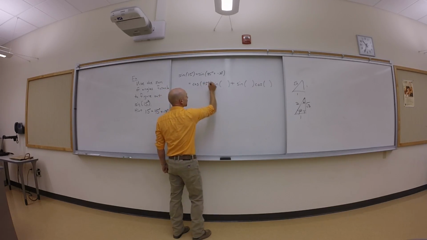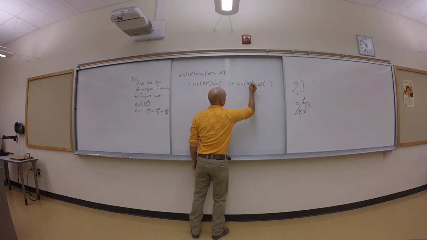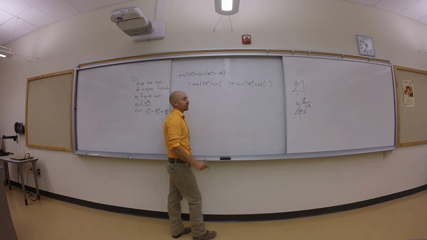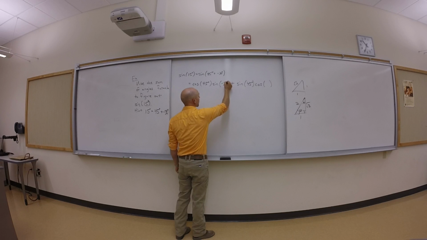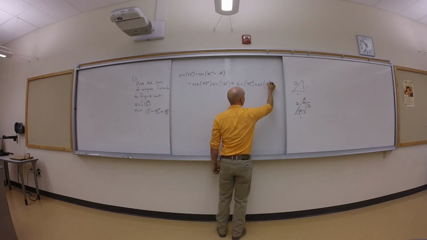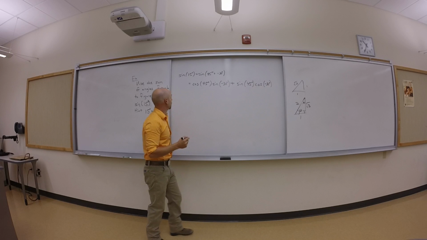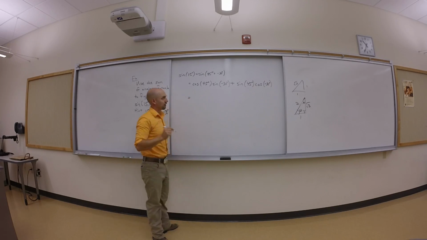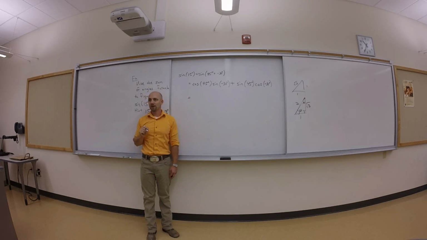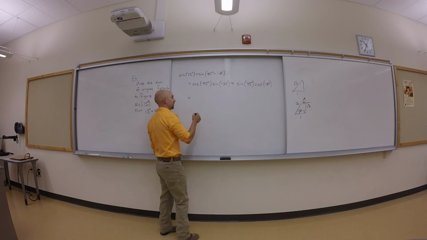45. And negative 30 is the second thing. Okay, now some of these should be easy, right? Cosine and sine for 45? 1 over root 2 or root 2 over 2?